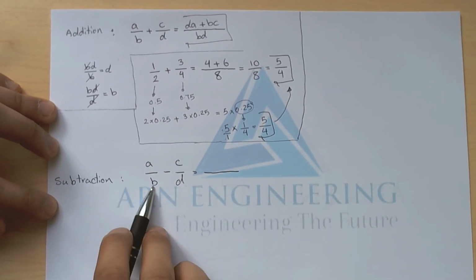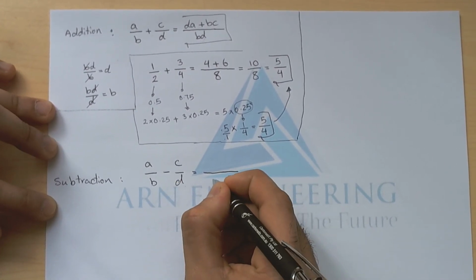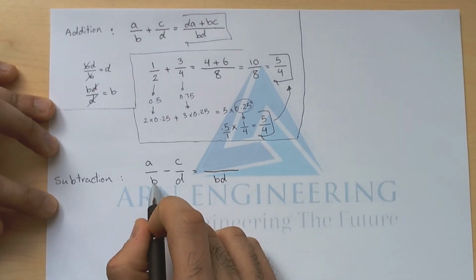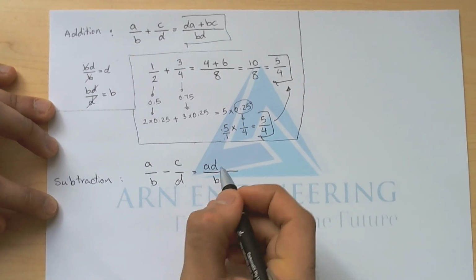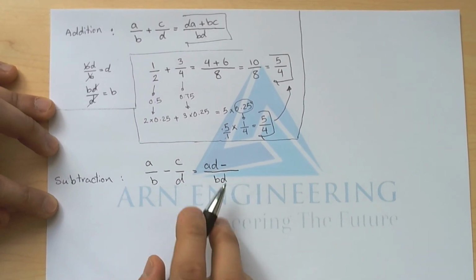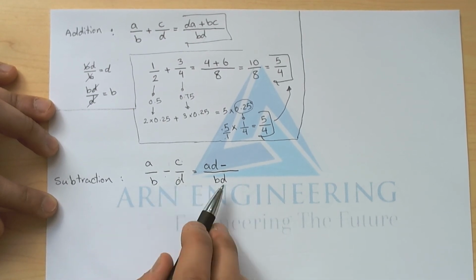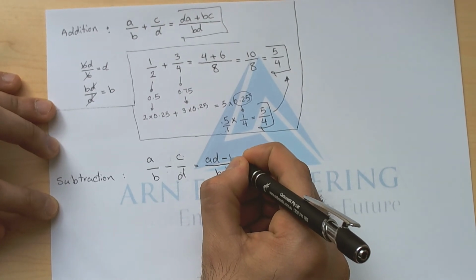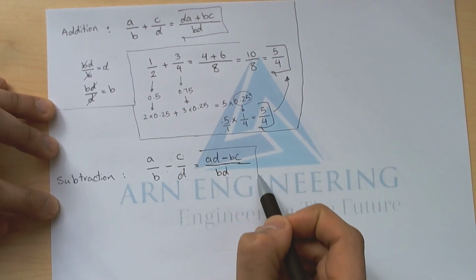We times the bottom numbers together, so B times D, so that's BD, and then BD divided by B is D times A, that's AD. Now we just put a minus sign here, and we do the same thing for this fraction. BD divided by D is B times C gives us BC, right?